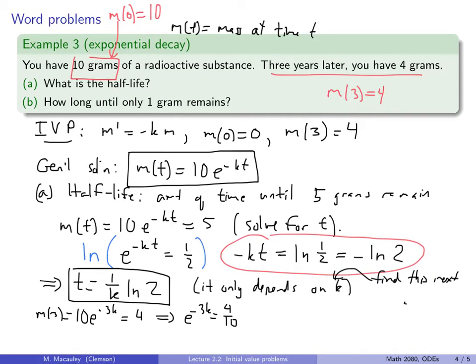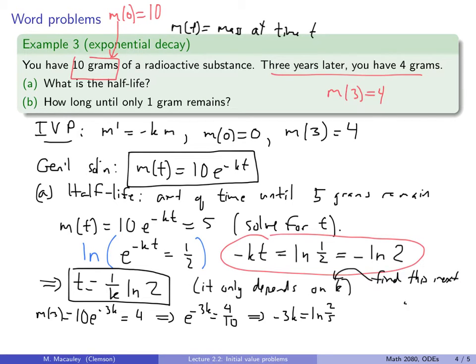Take the natural log of both sides. This time I'll do it in our head, and we get that negative 3k equals the natural log of 4/10, which is 2/5, the natural log of 2/5.